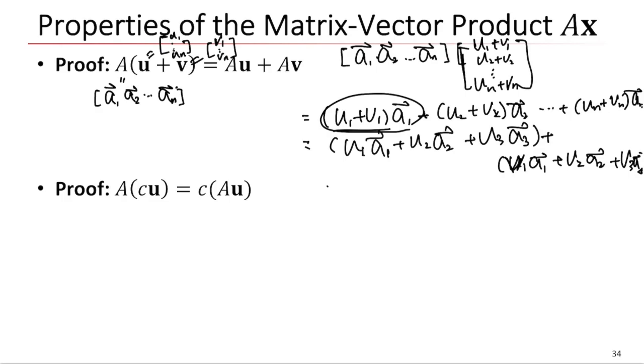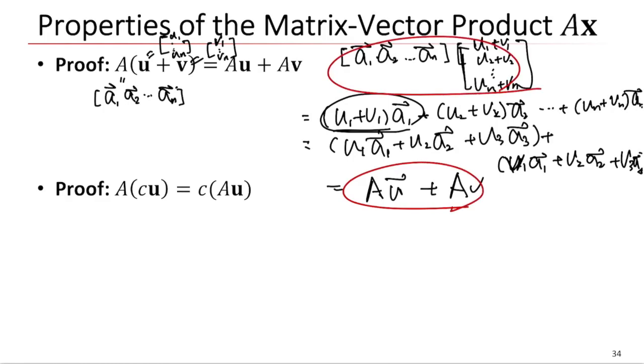Then it will be A times u plus A times v. So this is the right hand side, and this is the left hand side. So this is the proof of this property, right?